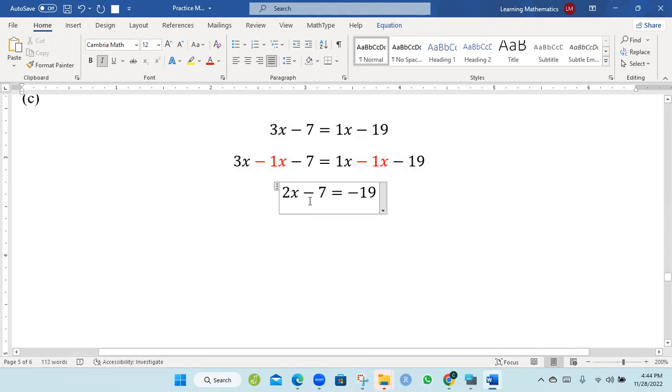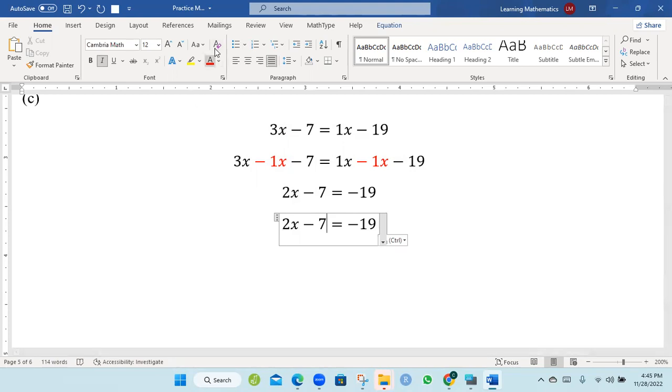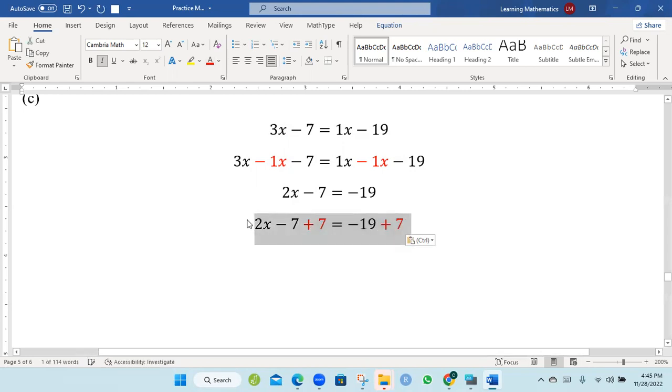Now let's go back to the left side. Now we have a negative 7 to cancel out. We can only cancel out a negative 7 by adding 7. If we add 7 on the left, we have to add 7 on the right. So negative 7 plus 7, the 7 cancels out.